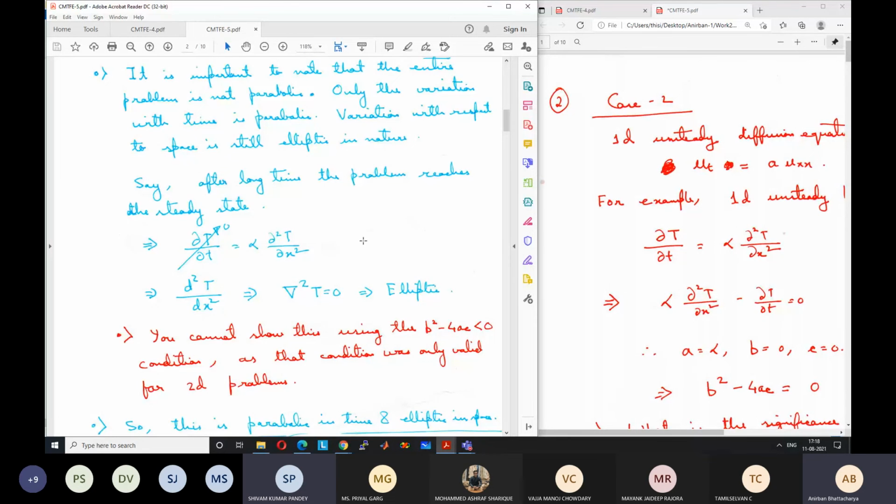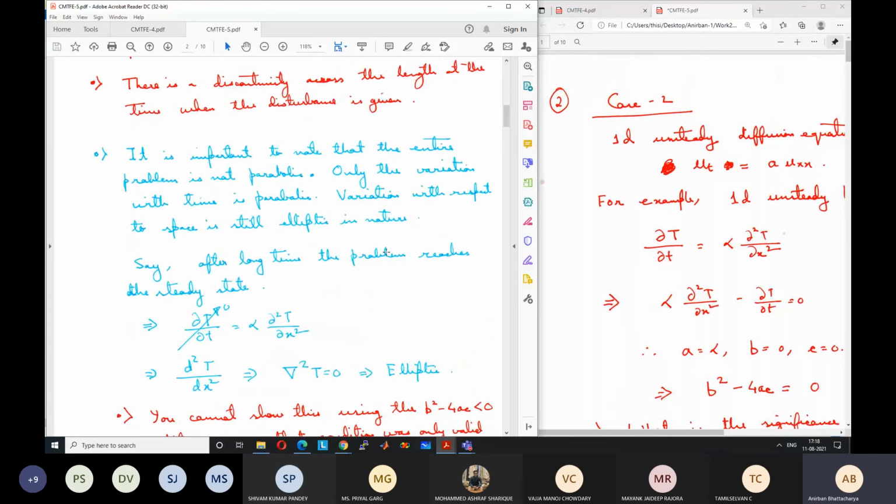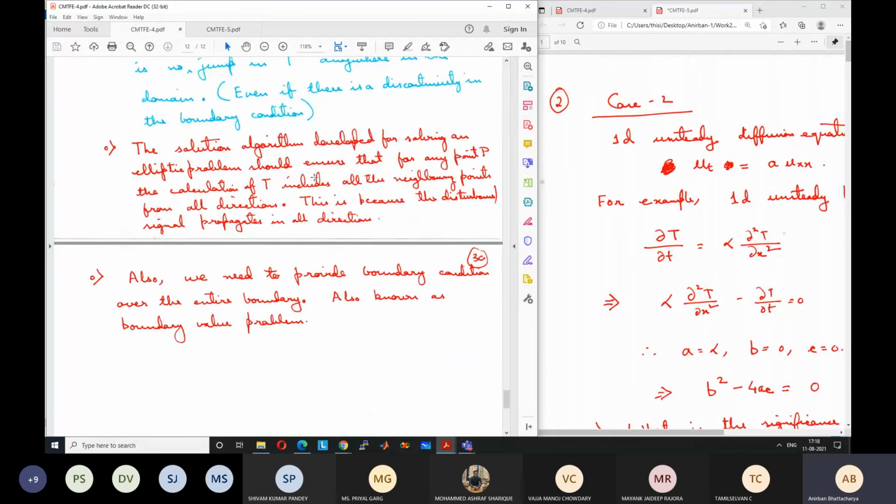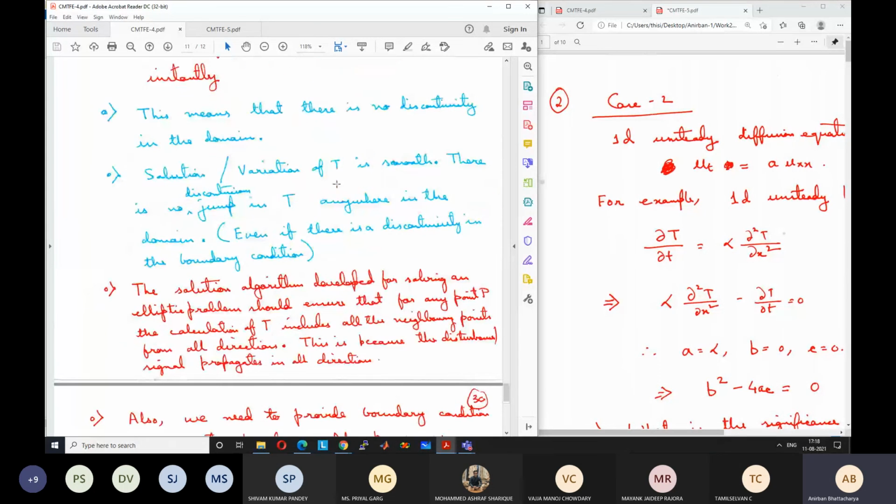I understand now. Actually, ideally we should call this elliptic in space and parabolic in time. For time, the nature is determined by this term, and for space, it is determined by this term. The way of classification that we are showing, b square minus 4ac, is a very limited way of doing the classification.